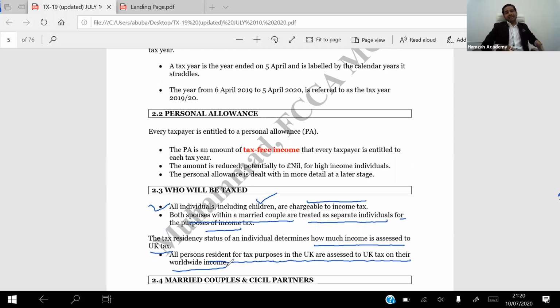So on residency status, there is a definition, but as of now, you should remember, resident means a person who is actually a national or living over there.